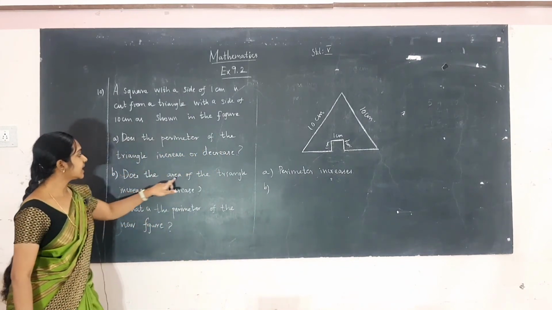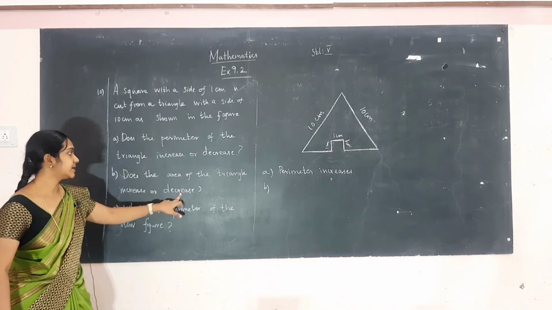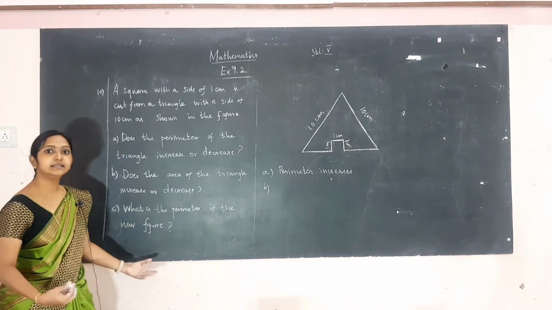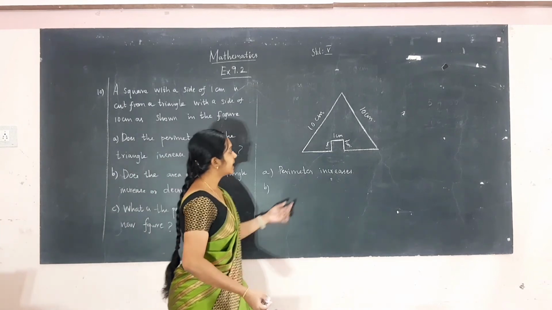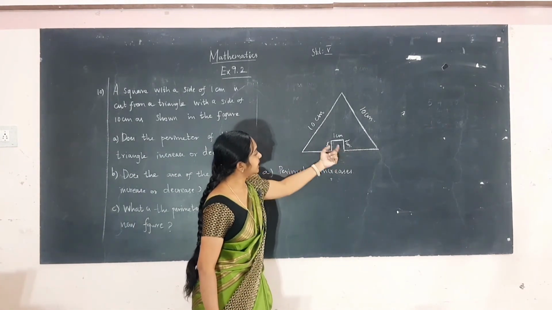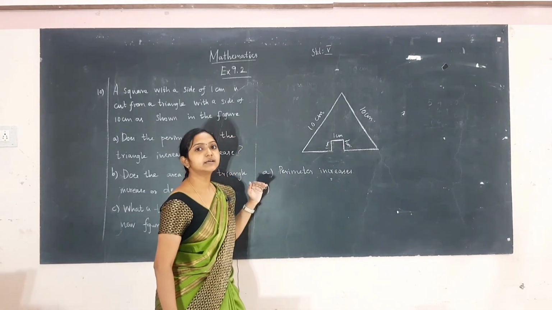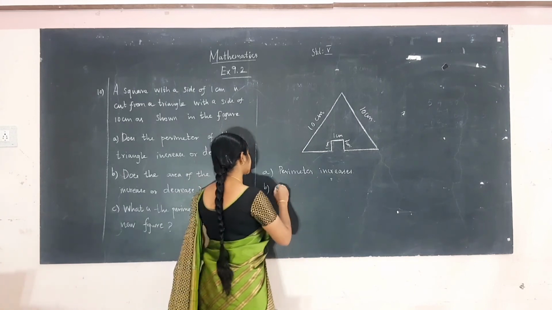Next, does the area of the triangle increase or decrease? The area of the triangle decreases because a part is cut out from the area. From the area only a square is cut out. So, the area of the triangle decreases.